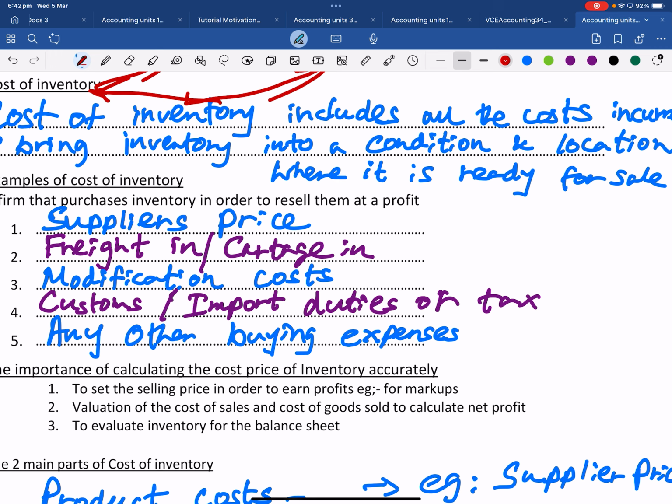For example, say we are paying cartage. Let's say we are running a bookshop. We are purchasing textbooks and also calculators. In terms of size, a textbook is heavy and larger than a calculator.